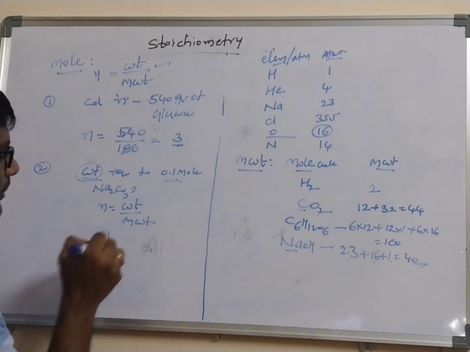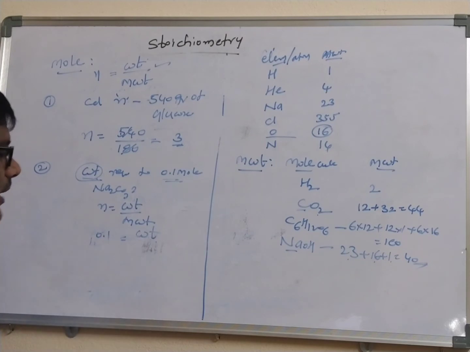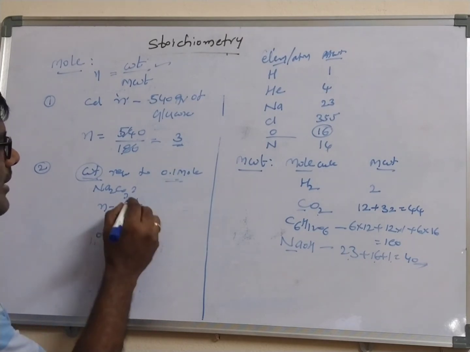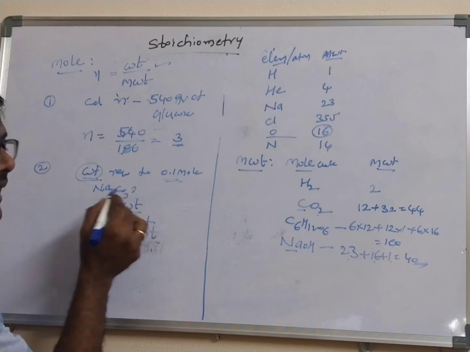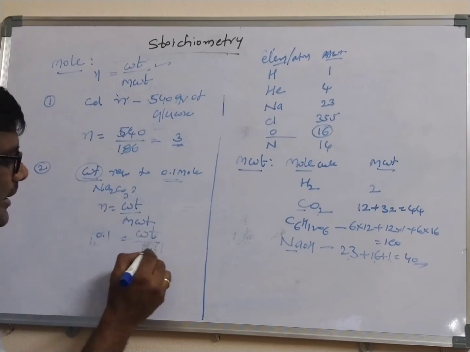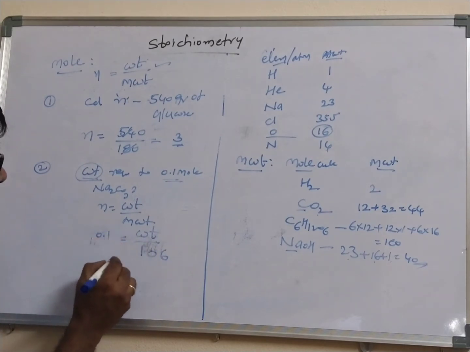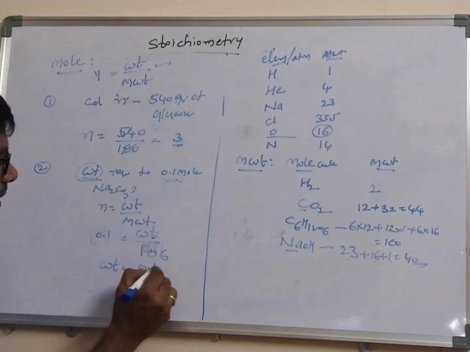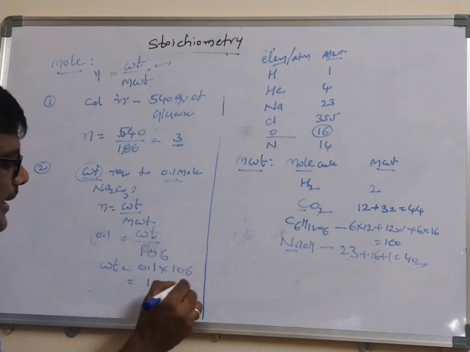N is given as 0.1, and the weight you have to calculate. The molecular weight of sodium carbonate, if you observe, is Na2, 23 plus 23, carbon 12 and 3 moles of oxygen, ultimately it gives you 106. So now you calculate the weight. Weight is equal to 0.1 into 106, so it is equal to 10.6 grams.